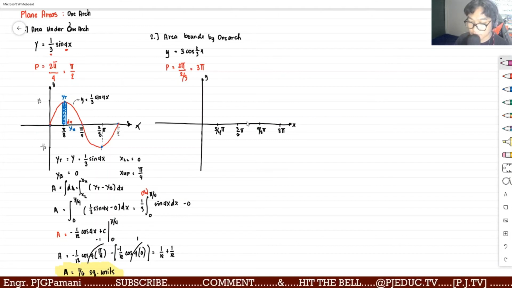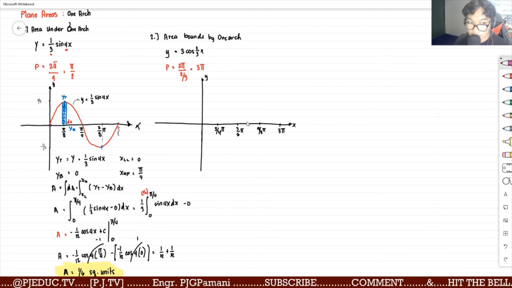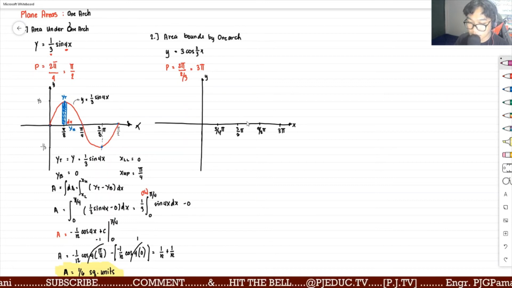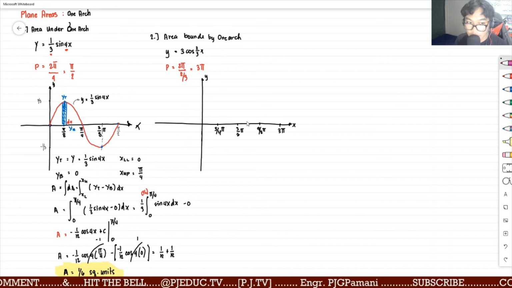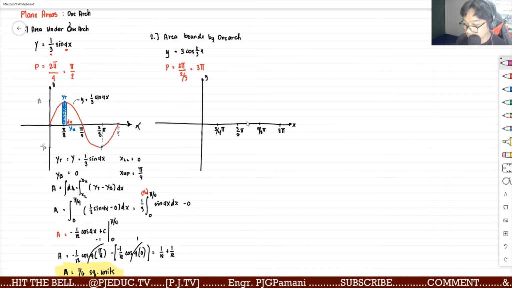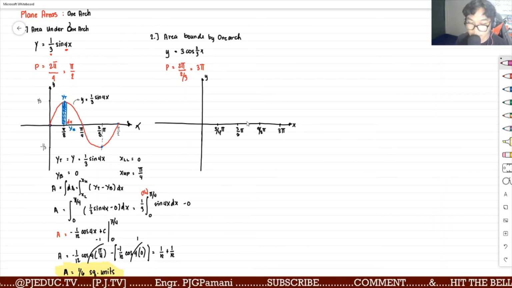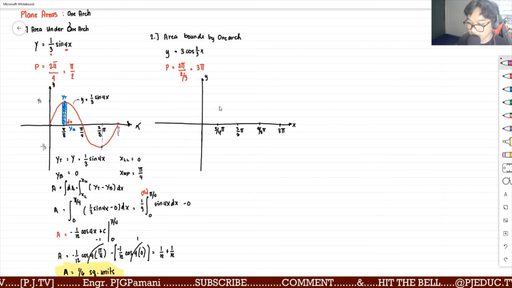The 3/4 pi times 2 is 3/2 pi. 3/2 pi times 2 is 3 pi, or 3/4 pi times 3 is 9/2 or 9/4? 9/4 pi. So more or less ganyan.